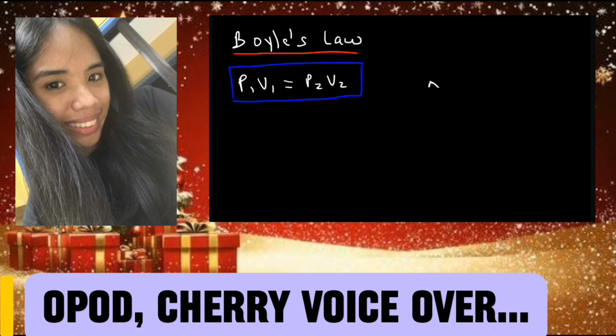Now you need to know the shape of the graph that is associated with Boyle's law. Let's say we plot pressure on the y-axis and volume on the x-axis. We know that as the volume increases, the pressure should decrease. Now, do you think the graph is going to look like this? It's not going to be a straight line. Rather, it's going to be a curved line.